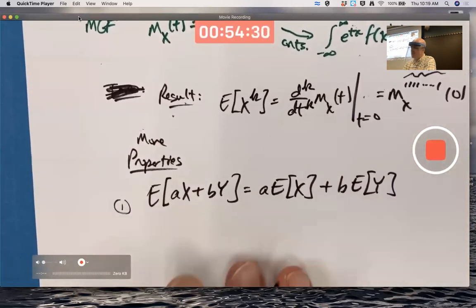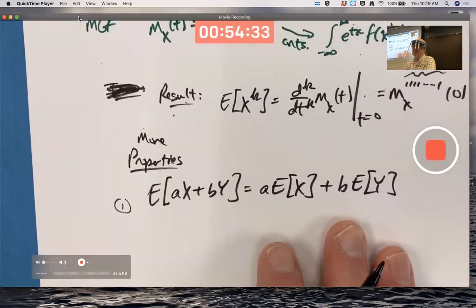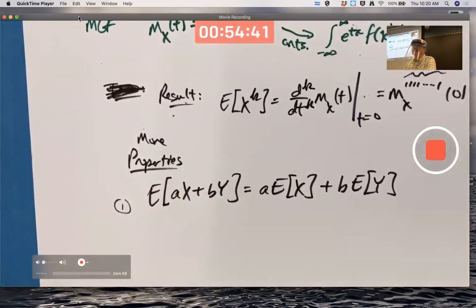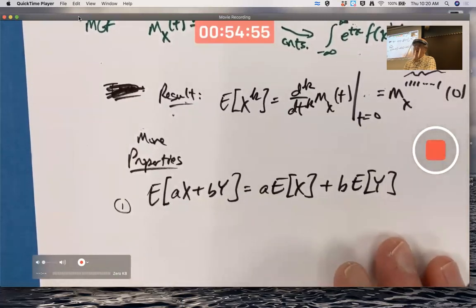The book separates this into a couple properties. E of c times X, where c is a constant, is c times E of X. E of X plus Y is E of X plus E of Y. This one property captures both of those. The expected value operator is a linear operator. It's like a linear transformation in linear algebra even. But you might wonder, where are the vector spaces? Are the random variables elements of some vector space? So I'll let you think about that.